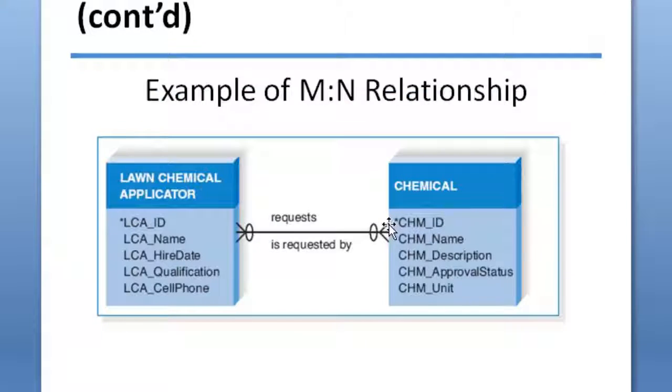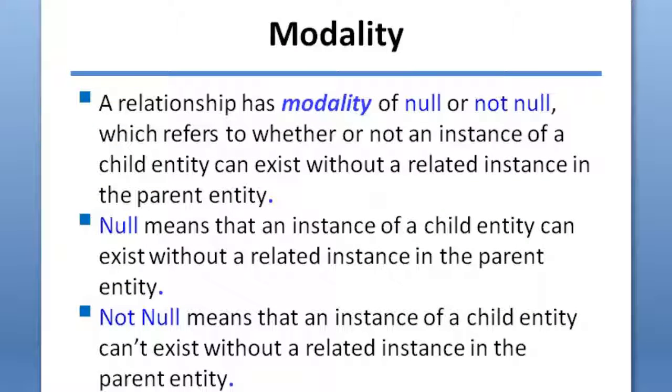It is shown by putting this sign, this 0, so it shows us this is null. It means this doesn't depend on this one. So that's all about modality. Not null means the instance of a child entity can't exist without related instances in the parent entity. And null means that an instance of a child entity can exist without related instances in the parent entity. So I think it's clear.